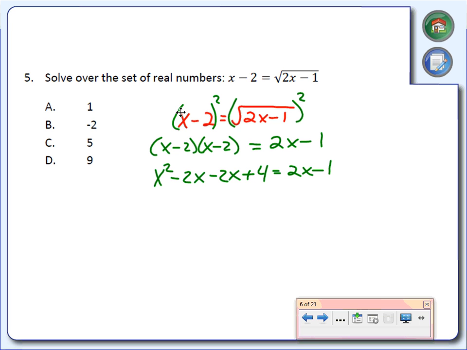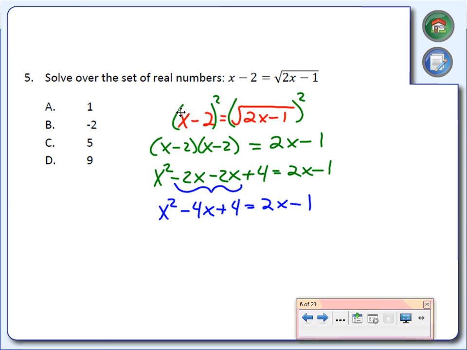So here's what I have so far. Notice how these two terms right here are like terms, so I'm going to go ahead and combine those two terms together. Negative 2x minus 2x is a negative 4x. So here's where I'm at with my equation. Now notice what we have here is a quadratic. Anytime we're working with a quadratic, we have three different ways that we've talked about to solve it: the graphing method, factoring, and the quadratic formula. Graphing is going to be the easiest one.